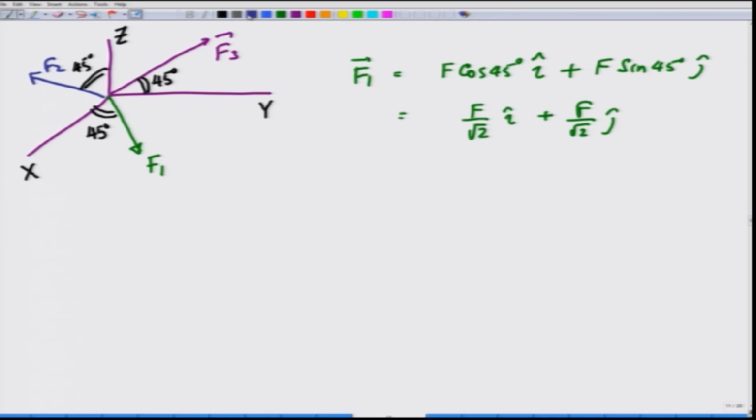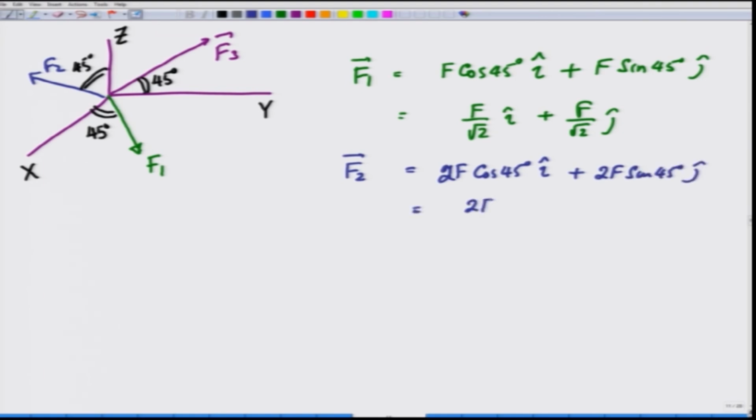Let us see F2. F2 is in the xz plane, and again it makes 45 degrees from both the x axis and the z axis, and its magnitude is 2f. So, it is 2f cosine of 45 degrees in the x direction plus 2f sine of 45 degrees in the z direction.